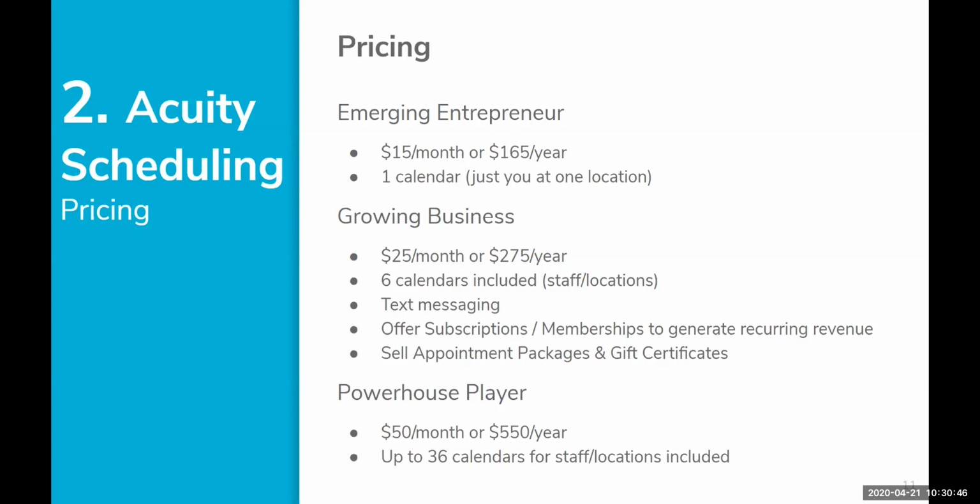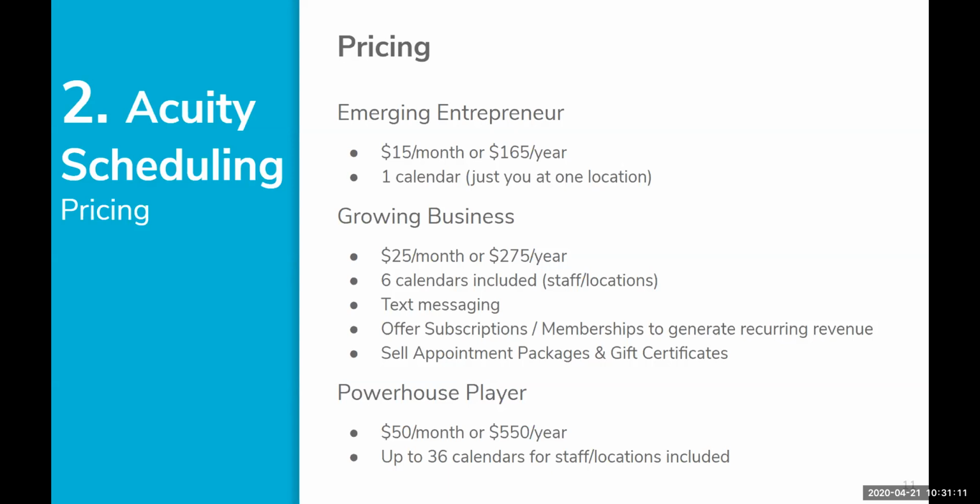I think it's kind of cool, especially for right now. A lot of us are just working off of our own calendars or setting up appointments with other people, just us. So this one is going to allow you to have one calendar. So just you at one location. So maybe your tabletop media group just at our office is the only place where you can set up appointments. So that would be an example of that.